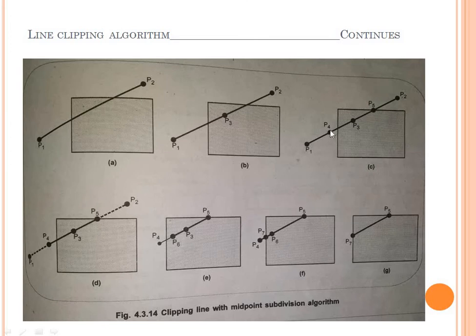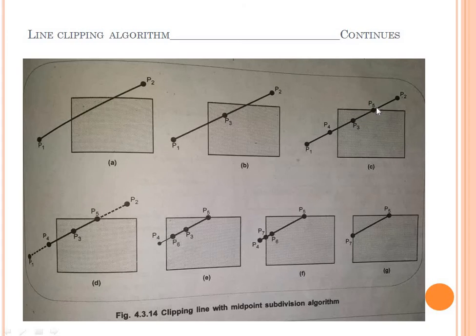So these two lines are again subdivided into two equal parts. P4 is equal to P1 plus P3 divided by 2, and P5 is equal to P3 plus P2 divided by 2. We get these two midpoints, P4 and P5, and these subdivided lines, P4 P3 and P3 P5.